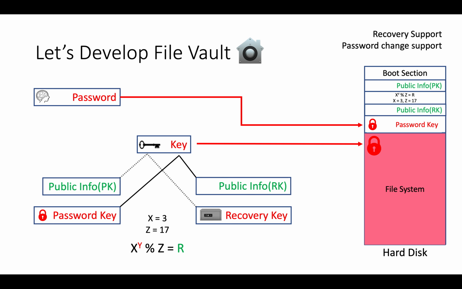The conclusion is, using the Diffie-Hellman formula, we can solve various security related problems as well. The actual file system or file vault may vary and involve various combinations of formulas to achieve strong security. This is about file vault basics with support for recovery key and password change.